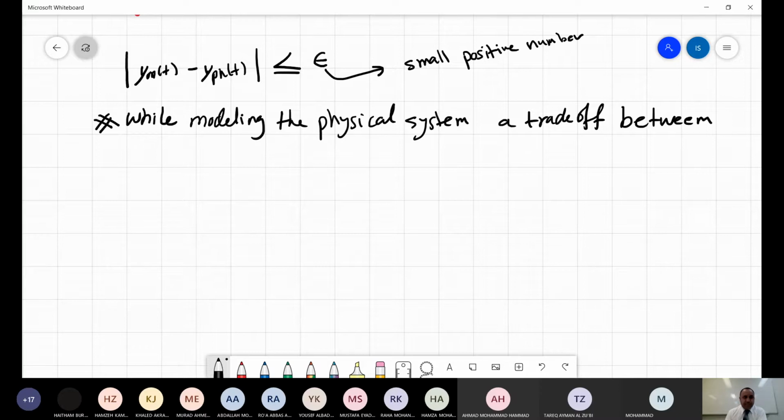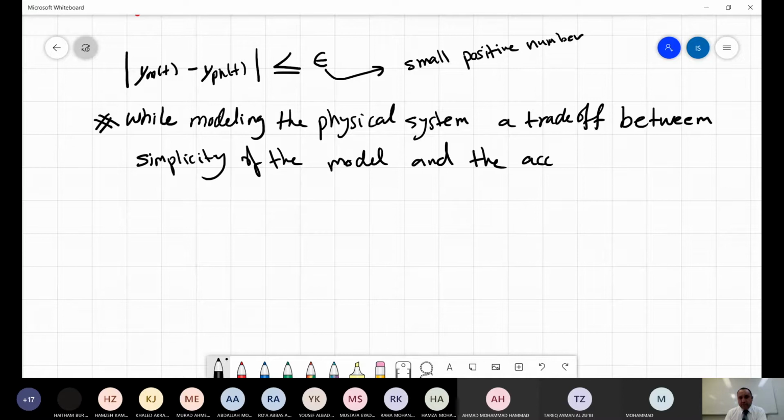So between the simplicity of the model and the accuracy of the system, of the analysis.